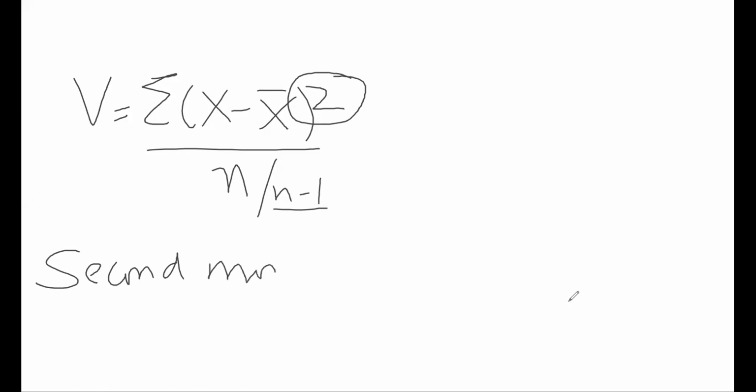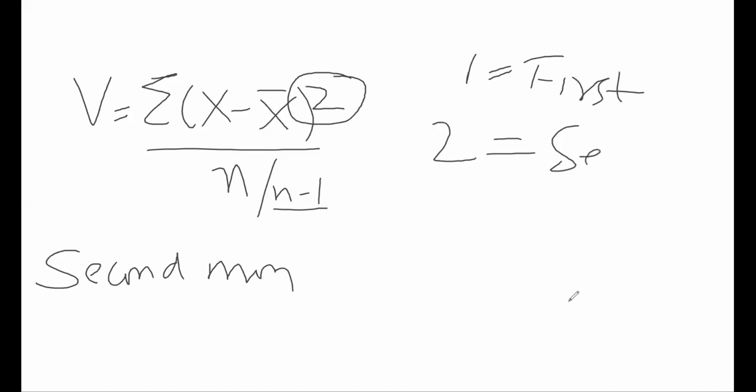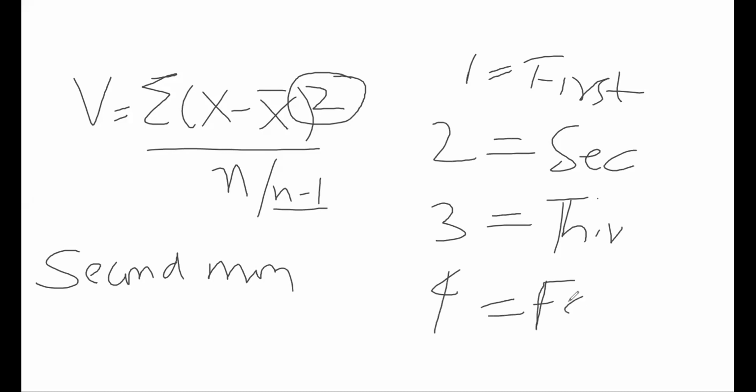If the power is 1, it is called the first moment. If the power is 2, we call it the second moment. If the power is 3, the third moment. And if the power is 4, the fourth moment. So first moment, second moment, third moment and fourth moment. We should learn till the fourth moment.